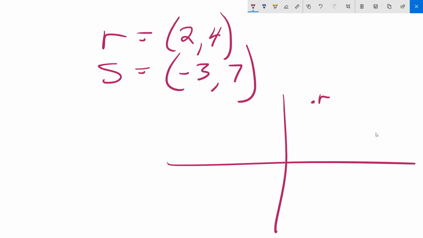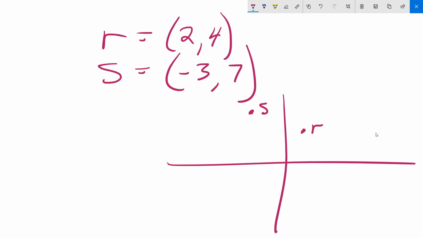It says find the midpoint. Find the midpoint. Okay. Hold on a second. Let me draw this a little differently. Let's put that one right there. It's S, which will make this one about here. That's R.